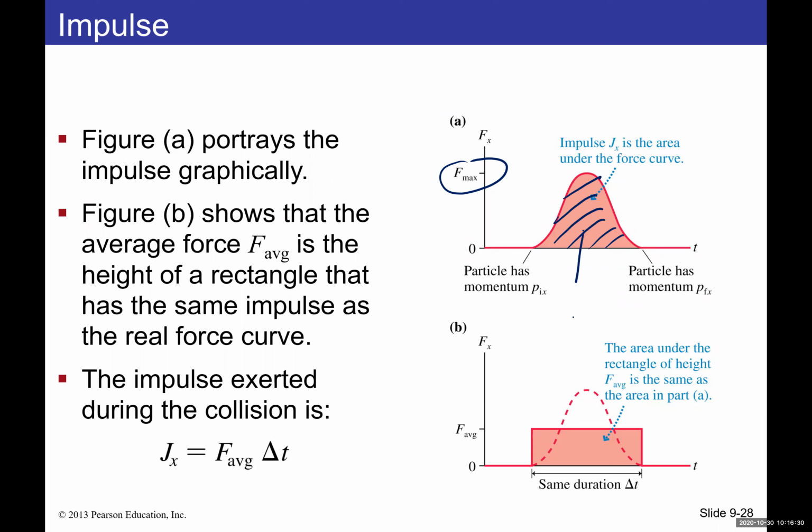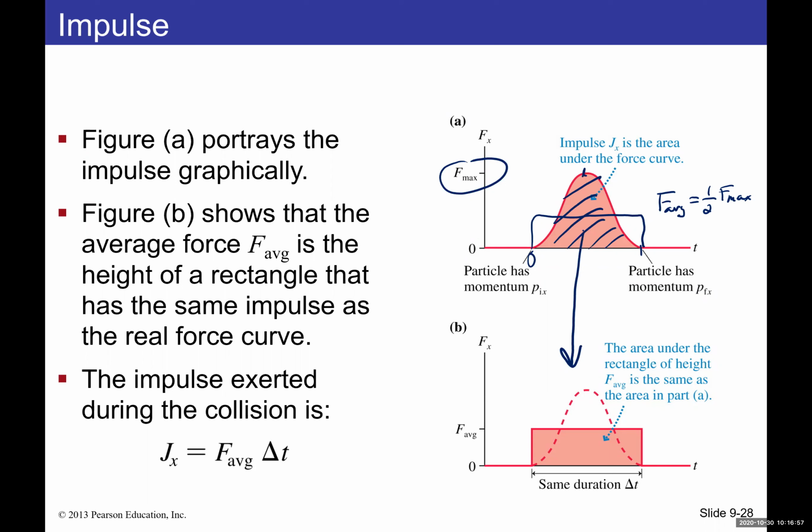rearrange this graph into something like an average force rather than the maximum force. Rather than going from 0 to some f max, and then from f max back to 0, you can say that during the entire time there was some kind of average force. How can we find the average force? It's always going to be half of f max. That means the average force is equal to half of the maximum force.